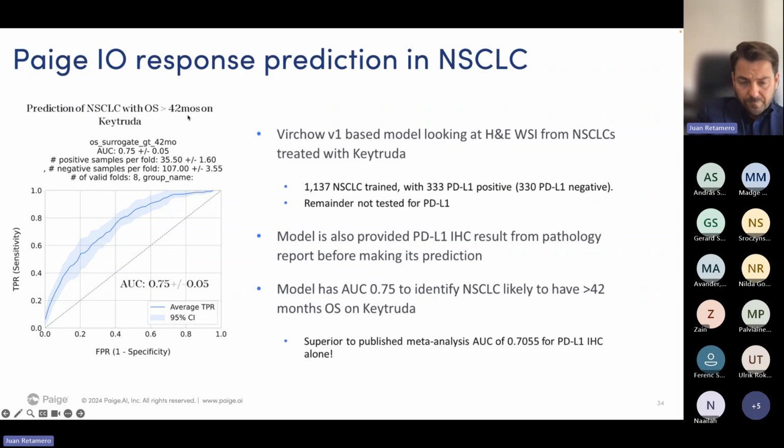In other words, is that tumor in particular being treated with Keytruda likely to go beyond an overall survival of 42 months or not likely to reach that target? So the model can basically differentiate between these two populations with an area under the curve performance of 0.75.